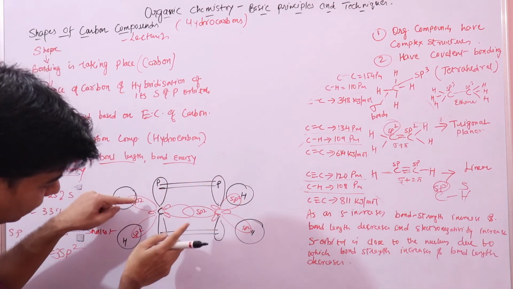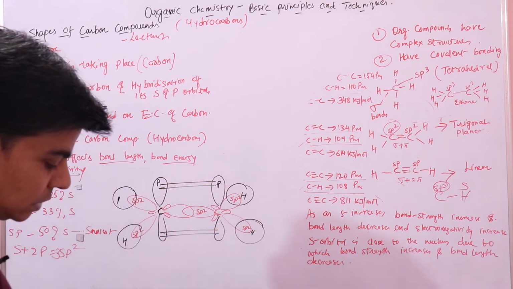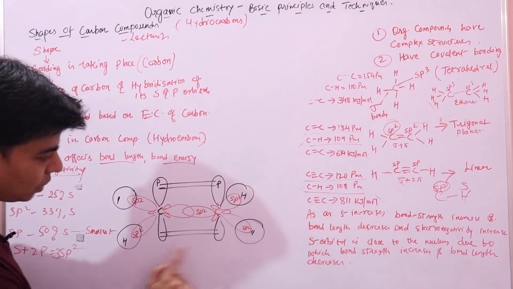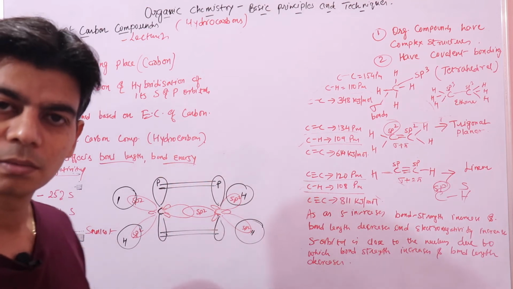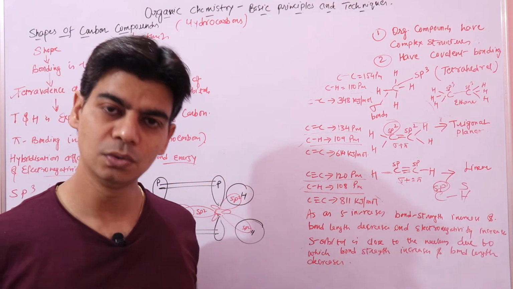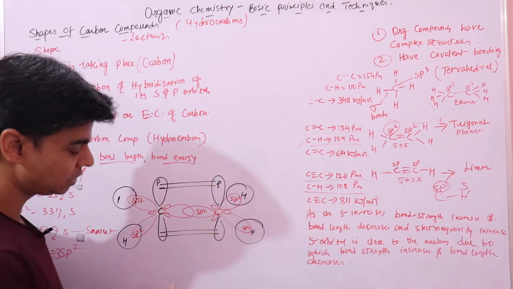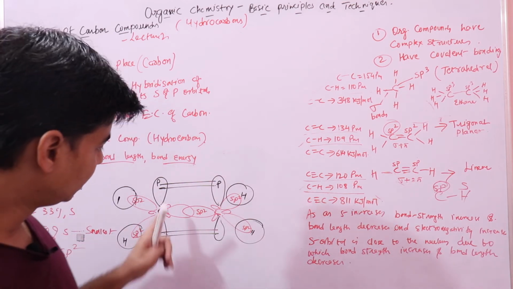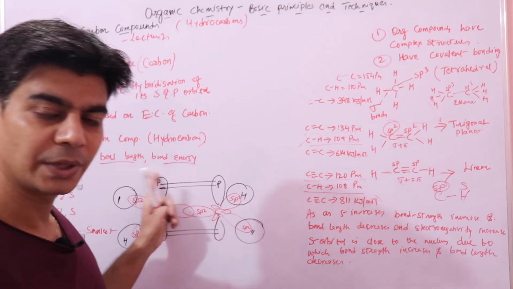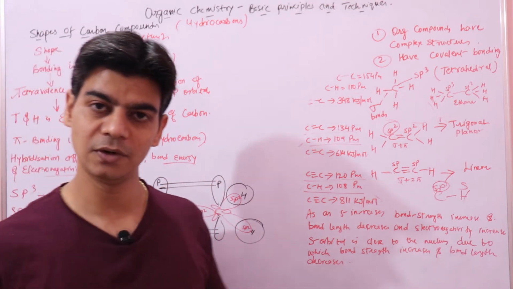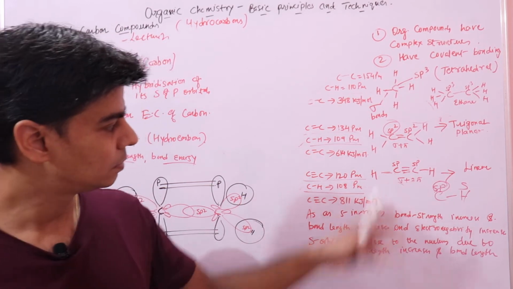The overlap between these p orbitals will reduce, or it will become zero. When the overlap between these p orbitals reduces, this will lead to the rupture or breakage of this pi bond. That will make the molecule unstable.